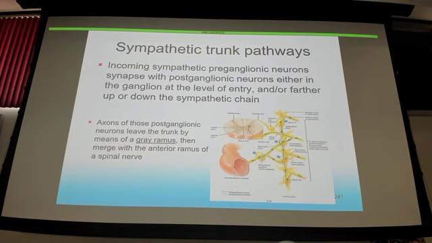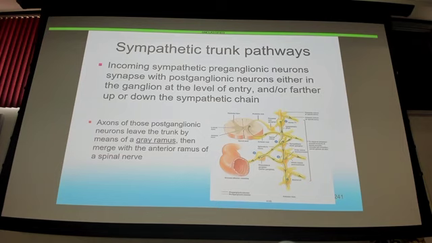So sympathetic preganglionic axons that go through the white ramus and then enter the sympathetic trunk, what are they looking to do? I know I'm dumbing this down, but I think questions help. So what does a sympathetic preganglionic axon want to do in the sympathetic trunk? It wants to synapse with a postganglionic. Yeah, okay.